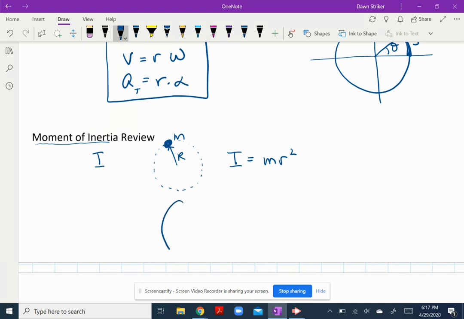What about a disc or a cylinder, like a can of tuna fish or a can of pineapple? Let's say it's got a radius of r and it has a mass. Well, in that case, more of the mass is close to the center. So that has a moment of inertia of 1/2 m r squared. And here I should have used capital R, R squared.